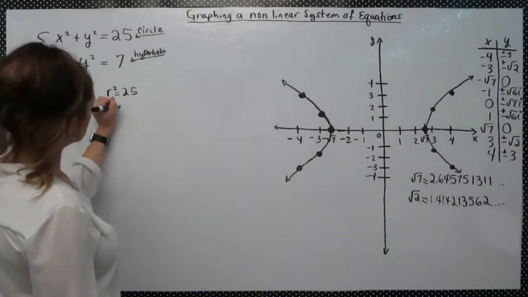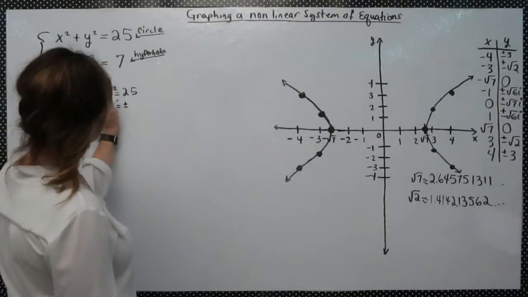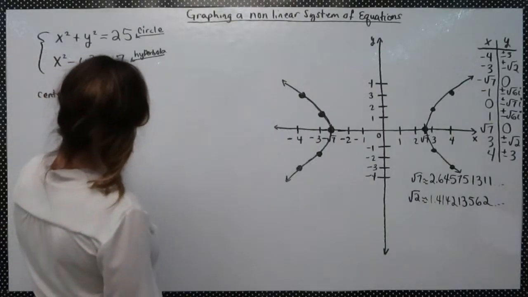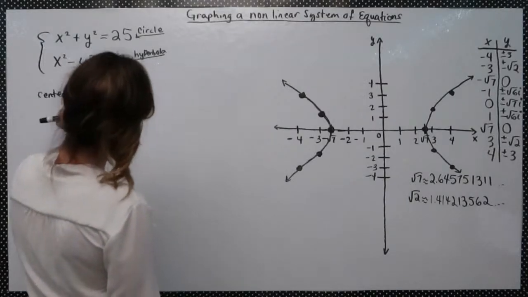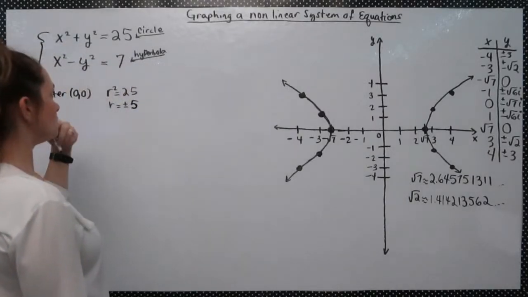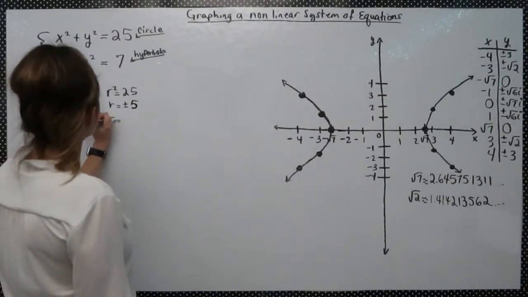So r is going to be plus or minus 5. So we need the square root of 25, which is plus or minus 5. So we've got r equal to 5.